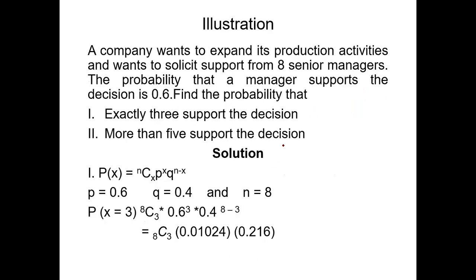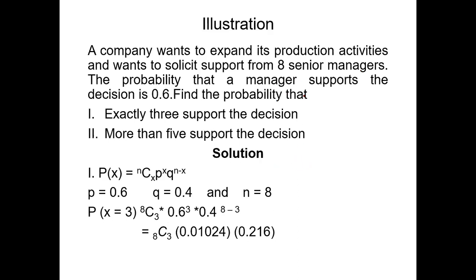Okay. So let's look at this example. A company wants to expand its production activities and wants to solicit support from 8 senior managers. The probability that a manager supports the decision is 0.6. Find the probability that exactly 3 support the decision. Now, how do we know that this is a binomial scenario?